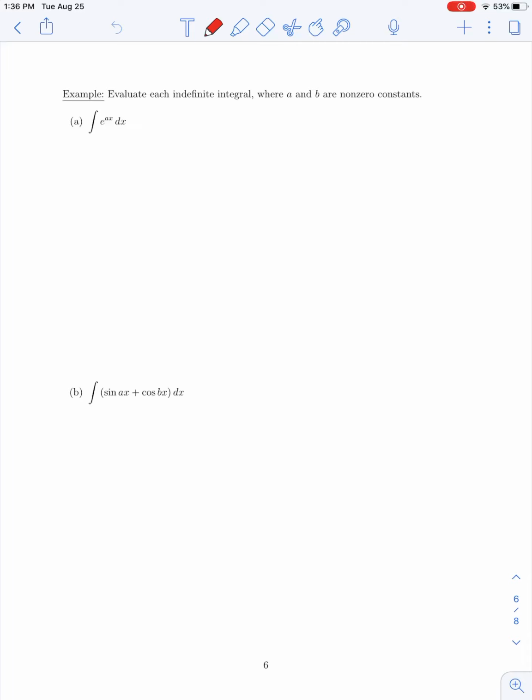And in this next example that we're going to consider, we're going to see how substitution can be used to integrate certain functions which are going to come up repeatedly throughout the semester. And so we're going to derive formulas for some of these basic antiderivatives that we will use throughout the semester.